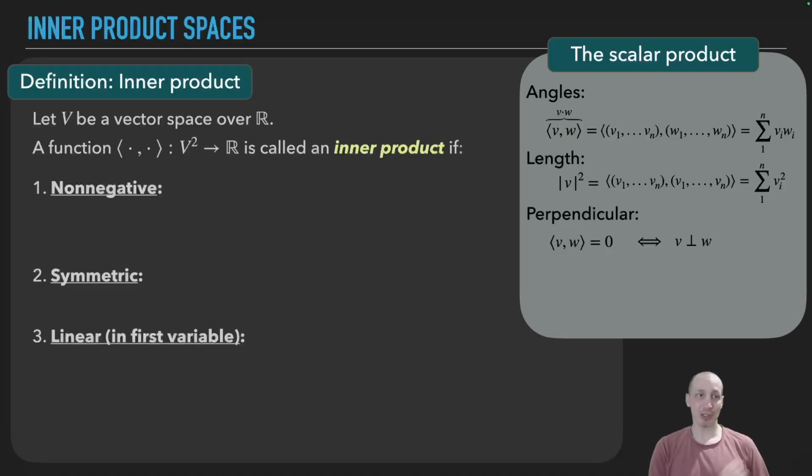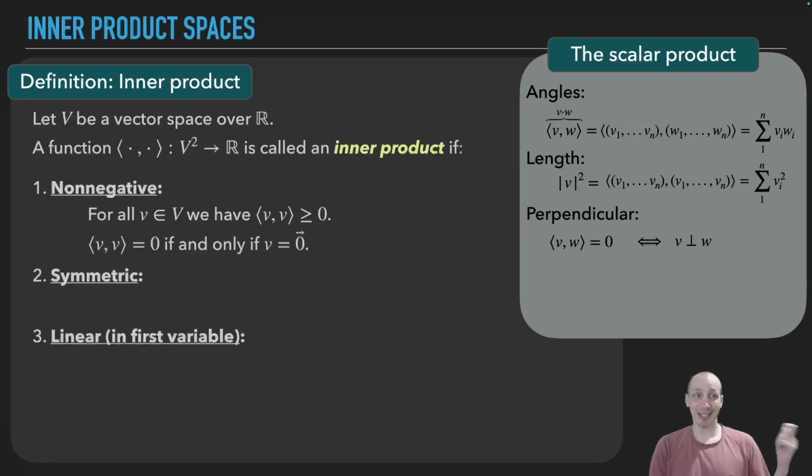So the first condition, non-negative: for every vector, if you multiply the vector by itself, it should be non-negative. Now the intuition that you should have about this property, the geometric intuition, is that the product of a vector by itself is going to end up like the length of the vector, so it should be non-negative. This is the reason that we define this property.